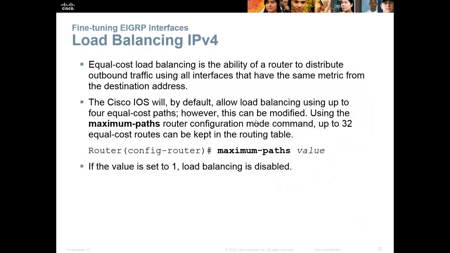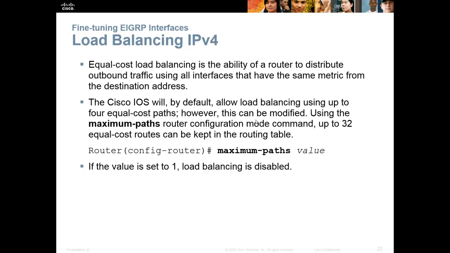All right, we can also load balance now. By default, EIGRP will do equal cost load balancing on up to 4 links. Meaning, if I have 4 gigabit Cat6 cables from my router to your router, and they're equal cost because they're all gigabit, I can actually load balance between all 4 of those.